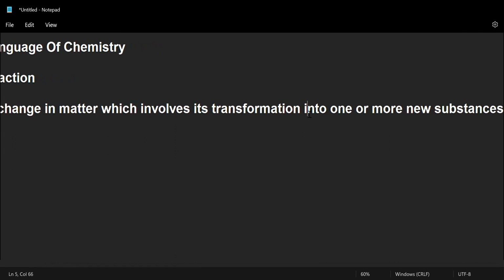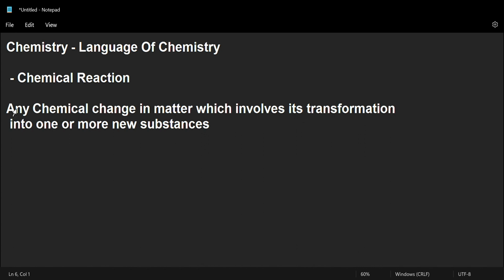Any chemical change which involves its transformation into one or more new substances is a chemical reaction. So any chemical change in matter gets transformed into one or even more new substances. That transformation is called a chemical reaction.